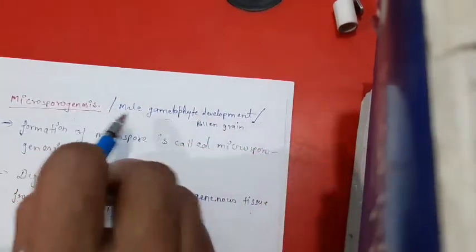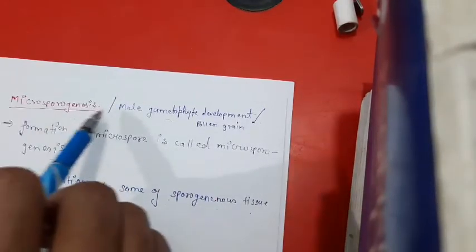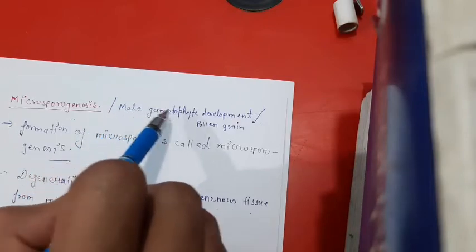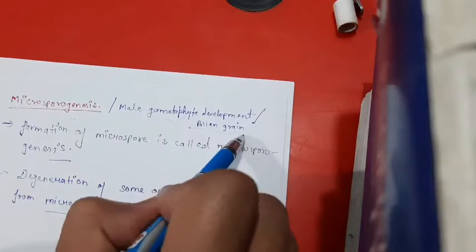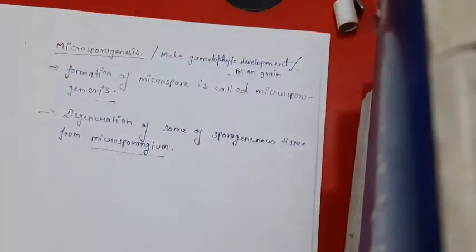So the question may be asked in three ways, but the answer is the same. If the question asks directly to explain microsporogenesis, or the development of the male gametophyte, or pollen grain development, the answer is the same.